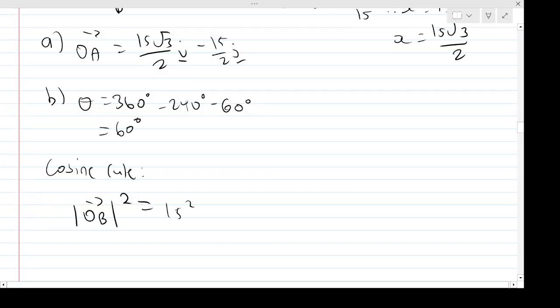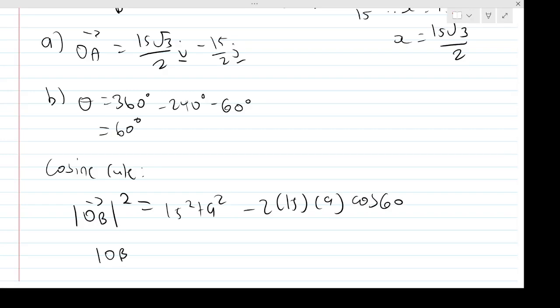So 15 squared add 9 squared, take away 2 lots of 15 times 9 times the cosine of the angle 60. So if I do all of that, I get the length squared would be 171.